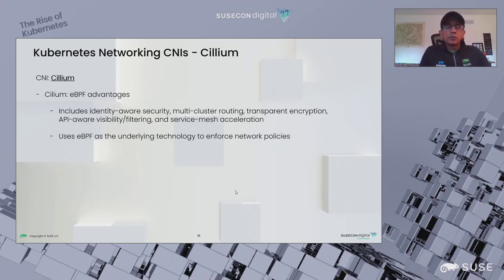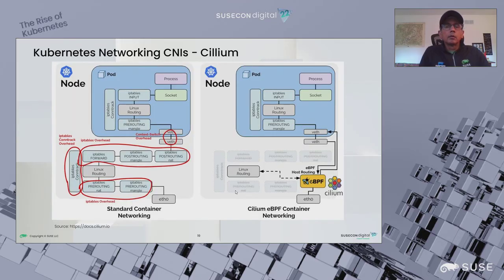The Cilium CNI uses eBPF in order to enforce network policies, so it can write rules that are based on eBPF. This diagram shows how there's no more manipulating and creating a virtual Ethernet interface that has to go through the IP table chain.